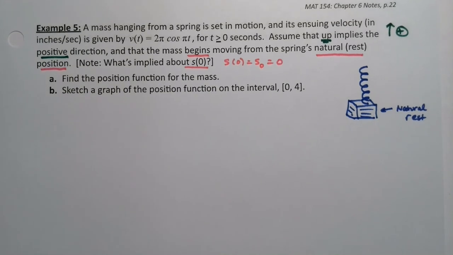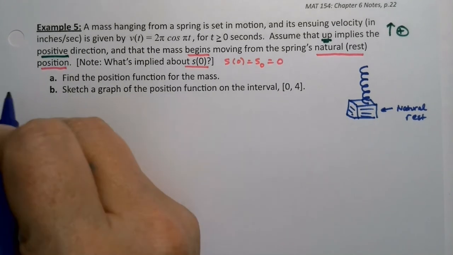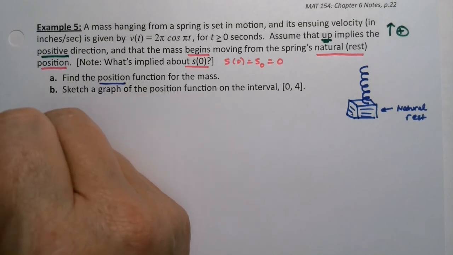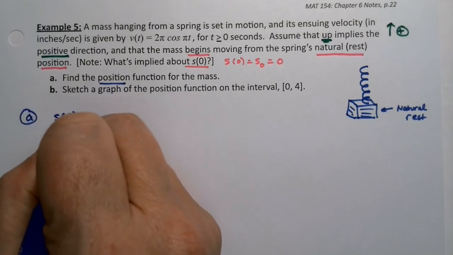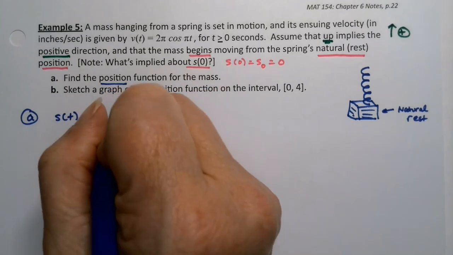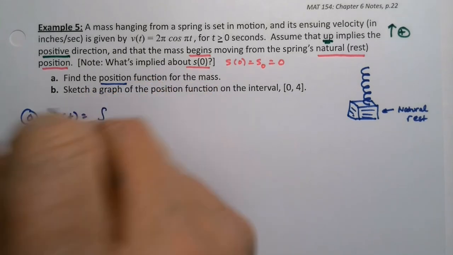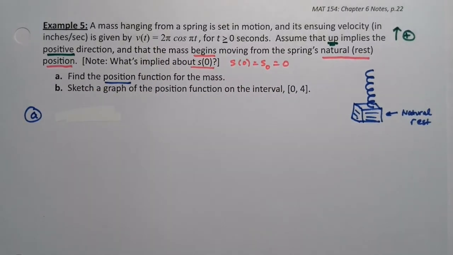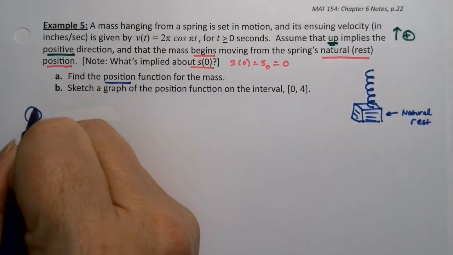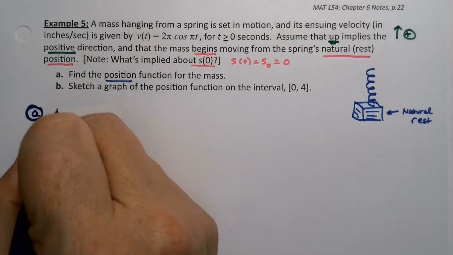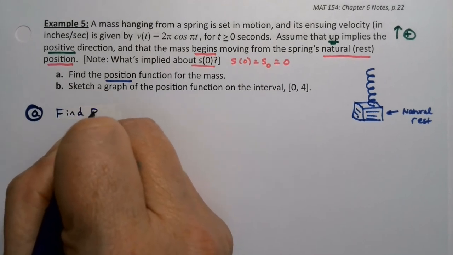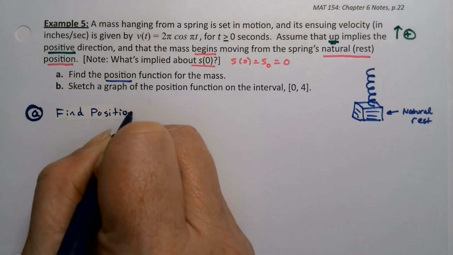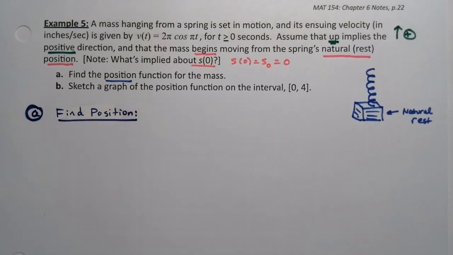Okay, first bit, we want to find the position function. So to find the position function, s of t, I should make a little note here, sorry. Okay, find position. Just like in our worksheets or in our notes, we want to make sure that we're nice and organized.